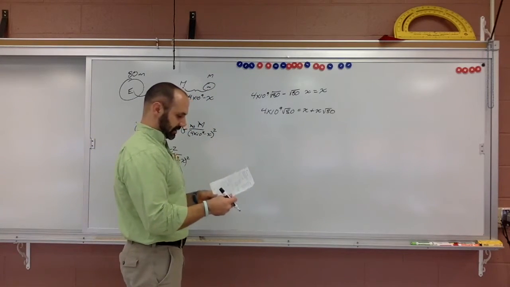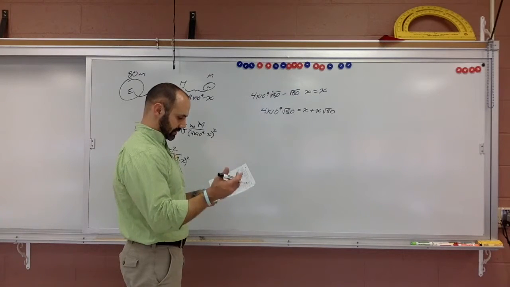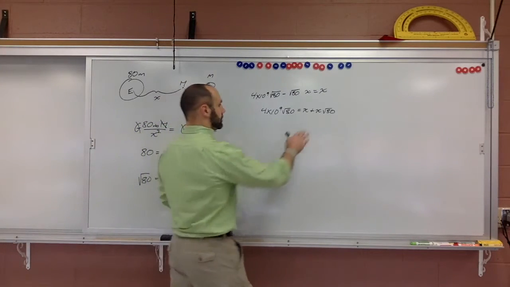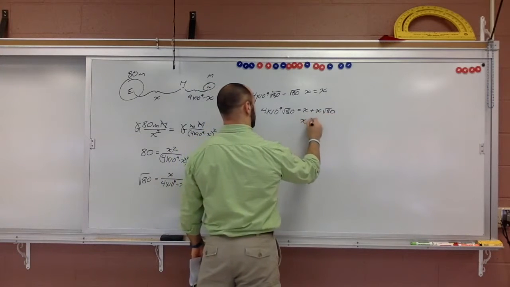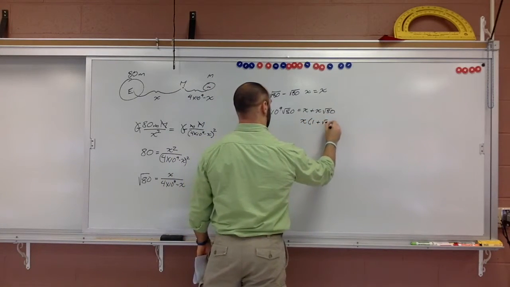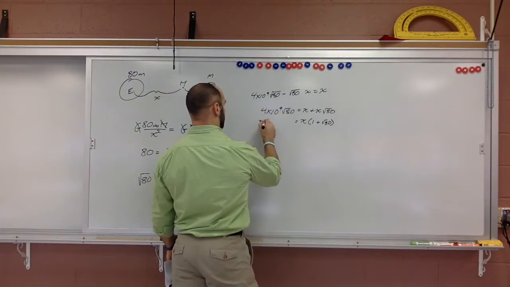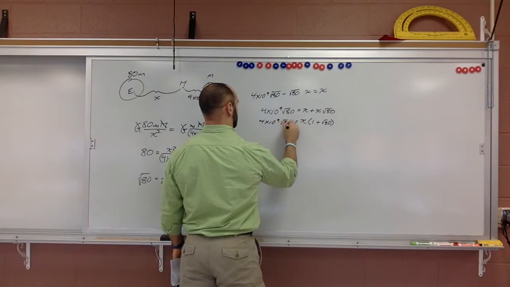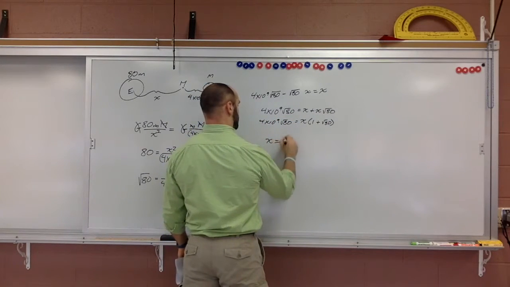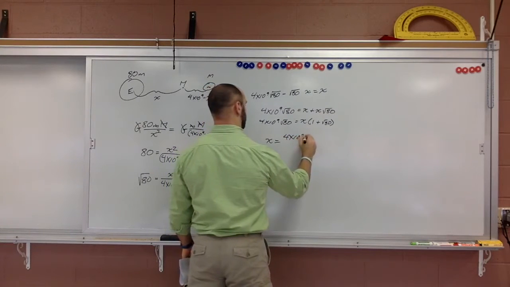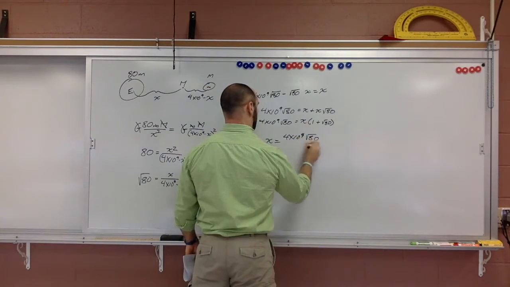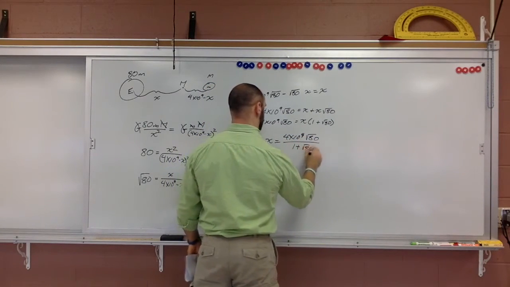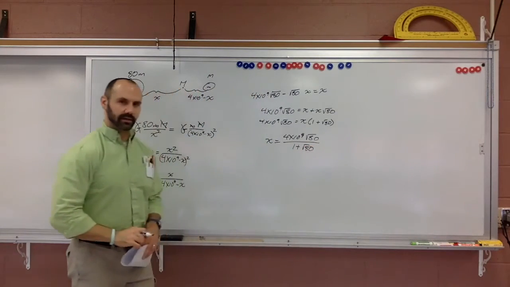So this might be a handy time to take out the calculator. Or you could do this. This is x. 1 plus root 80 is this whole thing. So then x is equal to 4 times 10 to the 9th root 80 over 1 plus root 80. If you're trying to hit the calculator as little as possible.